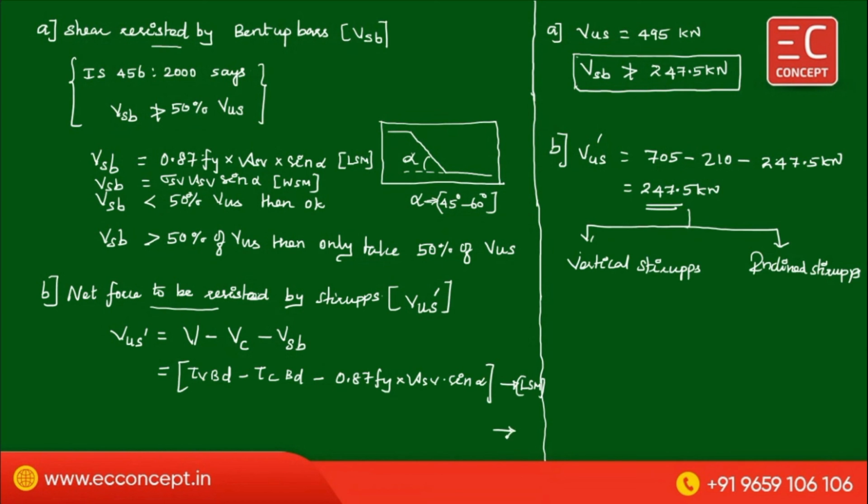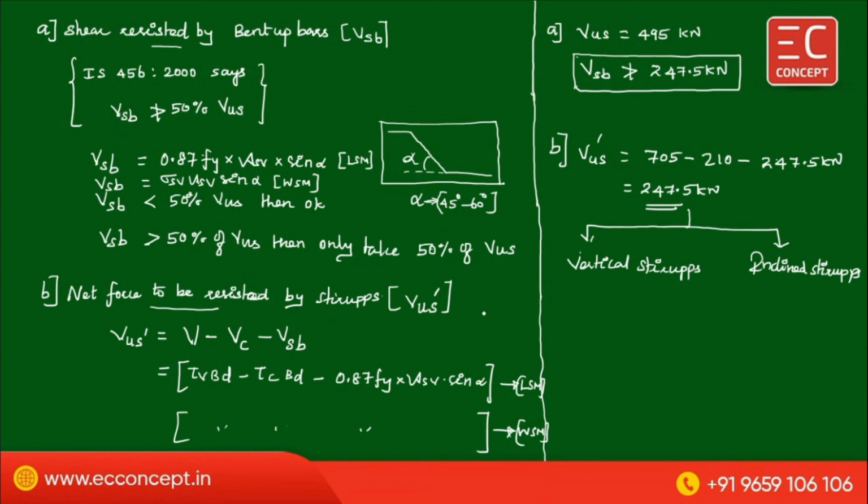In the similar manner, for working stress method, instead of 0.87 Fy you use sigma SB. So this is the net force resisted by stirrups.